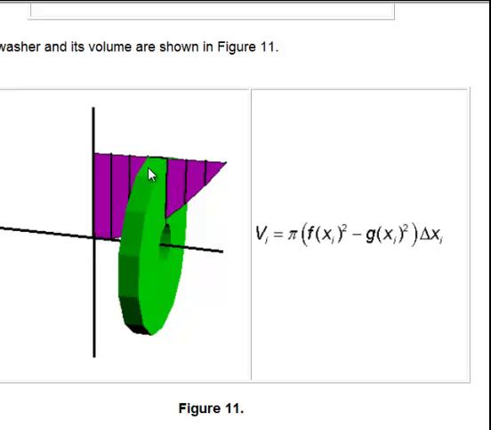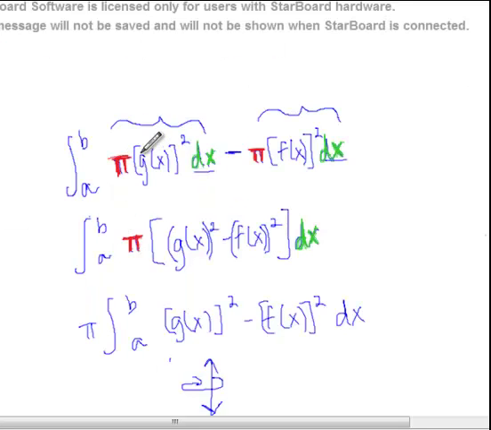So we're going to find the larger disk's volume, and then subtract off the lower disk that's created when you take those bars underneath the lower graph and revolve them around the axis.